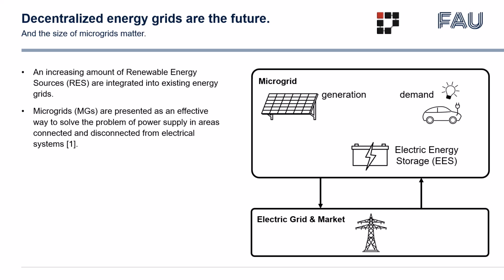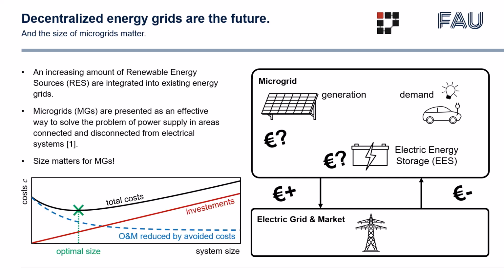as usual, the question arises how large, so what should be the optimal size of the different components. For example, how many photovoltaic panels should you place onto your roof, or how much energy storage should you actually buy for your house?